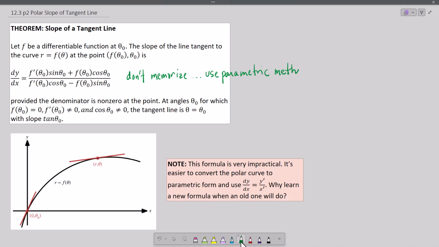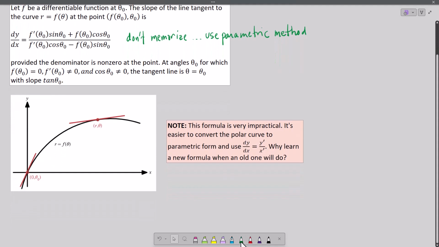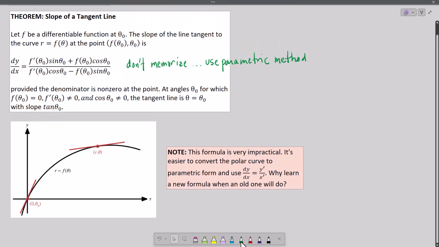But there are some people that love memorizing formulas. Like my youngest child loves memorizing formulas. He has that formula memorized. You do not need it. Okay. So we've got a polar function right there, a polar curve.